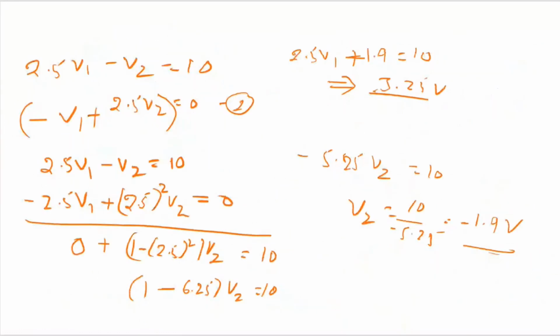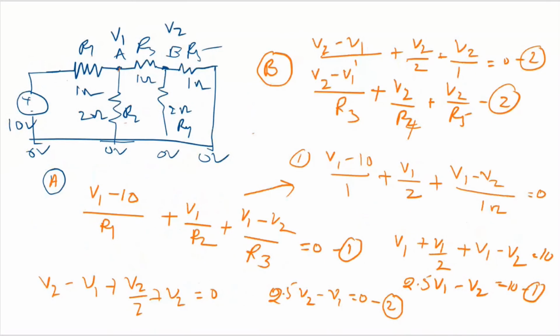Okay, so 10 minus 3.25 divided by 1 is the current in this R1 resistance. If you want to find the current in R1, you already know V1, right? Then the potential difference across the element R1 is 10 minus V1, so 10 minus V1 by R1.